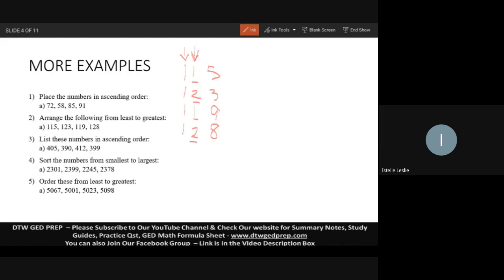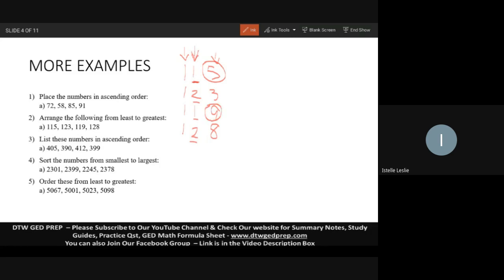Which of these is the least? Of course, 1 is smaller than 2. So we pick the one with 1. Of course, we have 2 of them. So which will come before which? That takes us down to the numbers in the ones position.